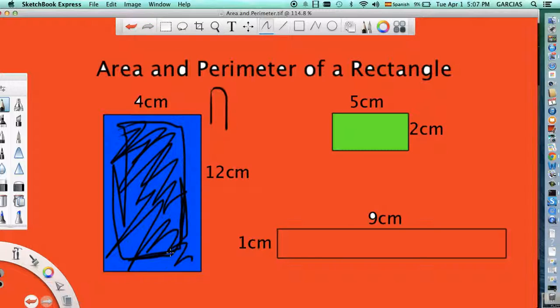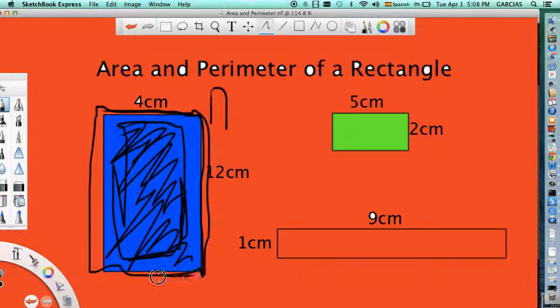So you need to find the area to find out how many square meters of carpet you need to buy in order to cover the floor. But let's think if this is a yard or a park and we need to put a fence around the park, then we would need to find the perimeter of the shape.